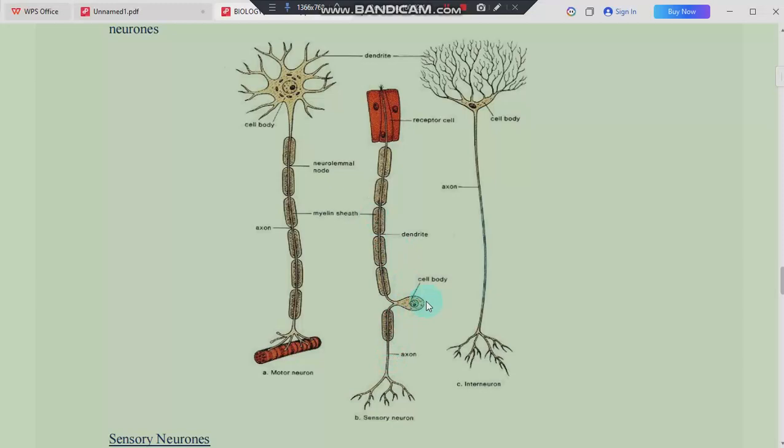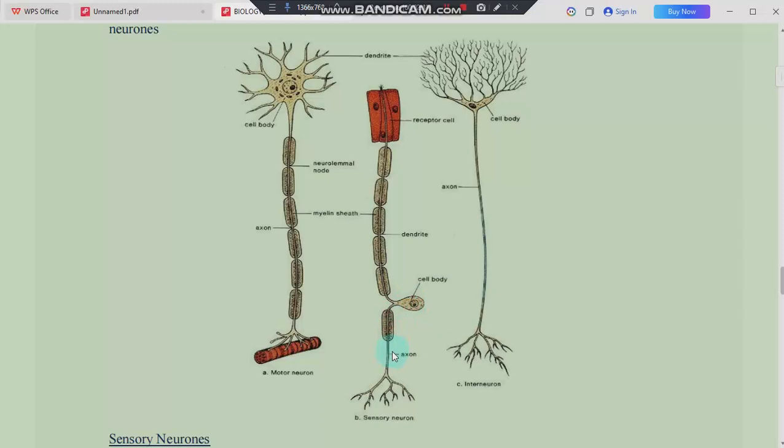Whenever we talk about this sensory neuron, it also has the cell body outside of the central nervous system. Now remember, we said the central nervous system is made up of the brain and the spinal cord. So whenever you are drawing your structure of the sensory neuron, the cell body has to be outside of the central nervous system.